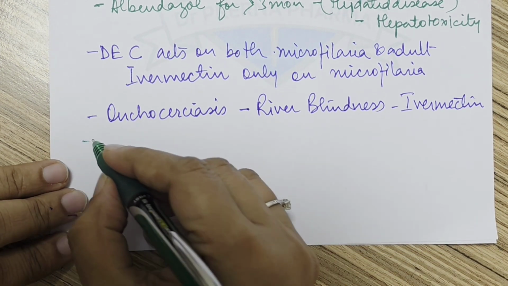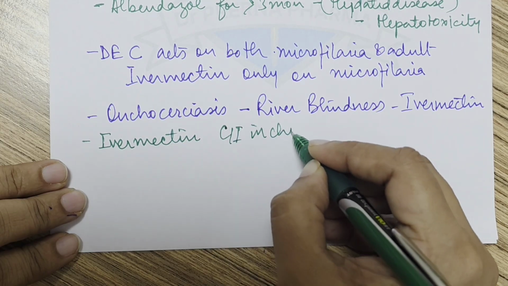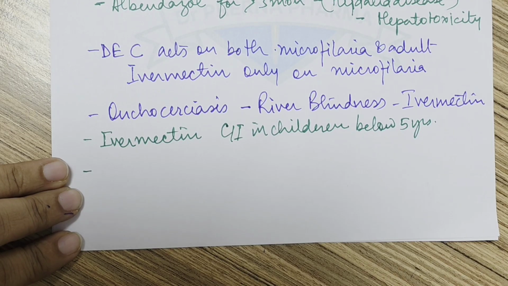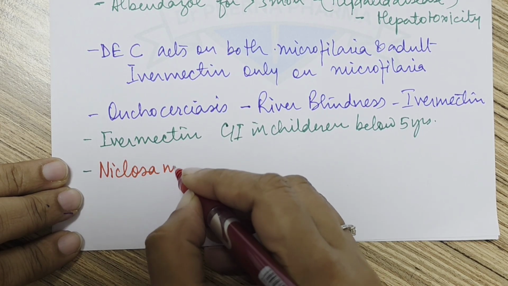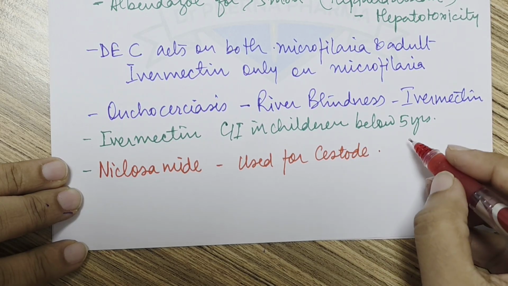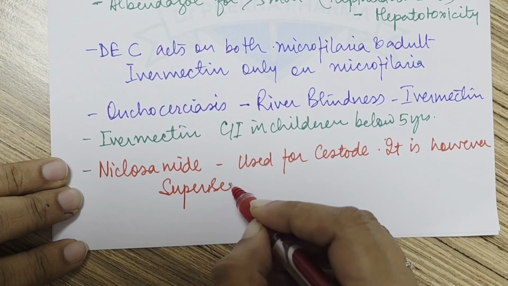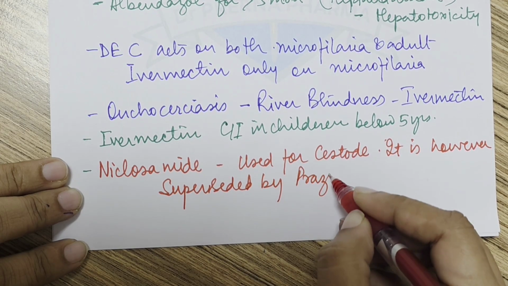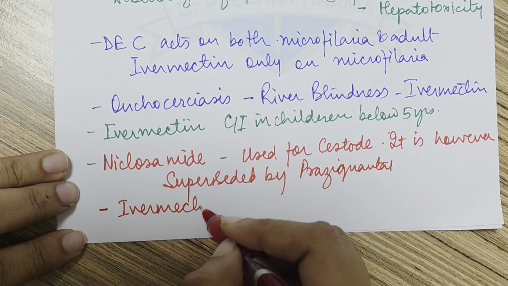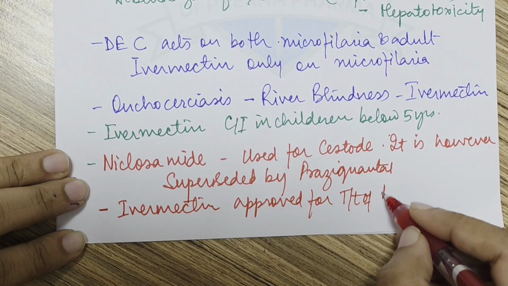Ivermectin is contraindicated in children below 5 years of age. Then next, niclosamide is used for most of the cestode. It is, however, superseded by praziquantel, right?